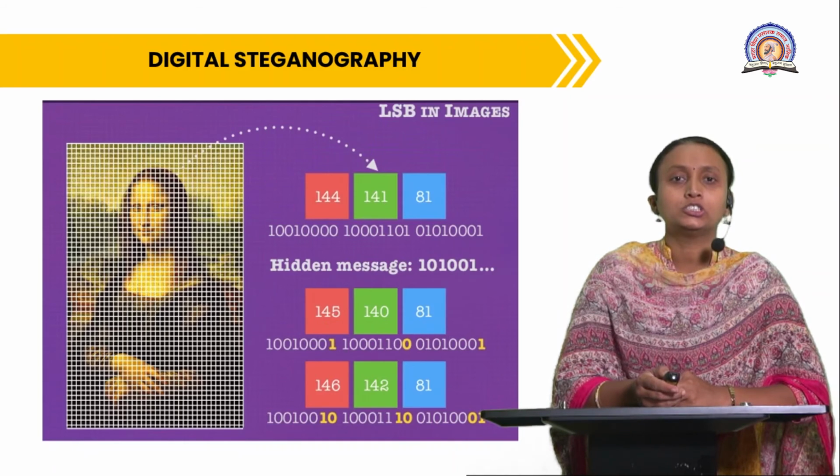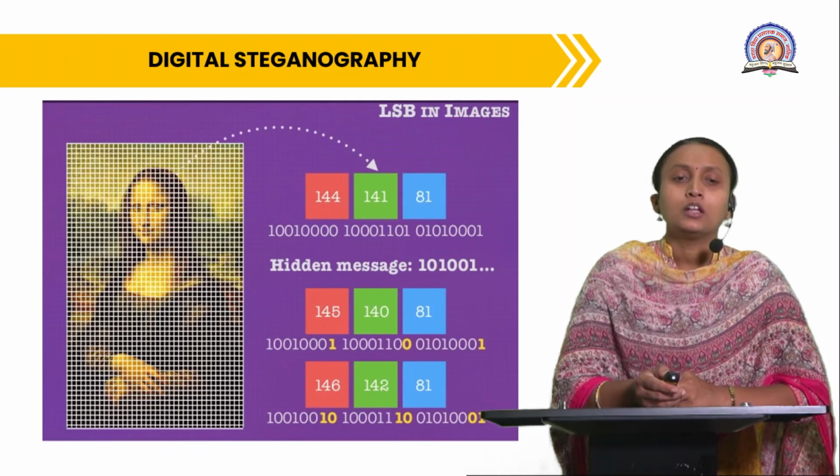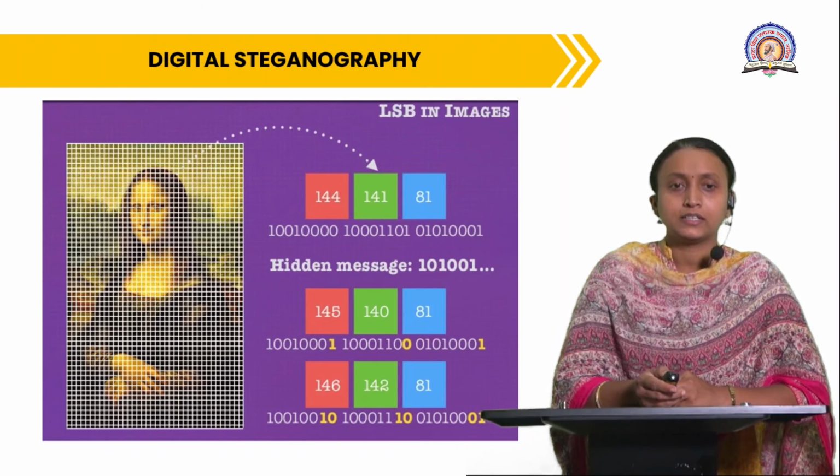If we change the LSB in the image, then to send the first bit of the hidden message, which is 1, we change the LSB in the first color: 144 is replaced with 145 because the LSB becomes 1.